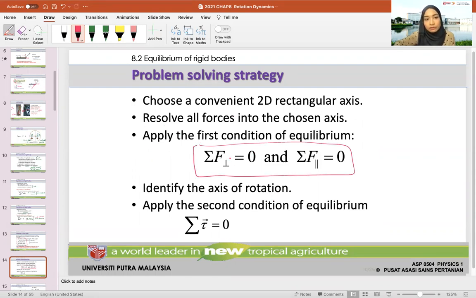You need to have net Fy equals 0, net Fx equals 0 for your object to be in equilibrium for translational. And for your second condition, it's not supposed to rotate, so net torque is equal to 0.